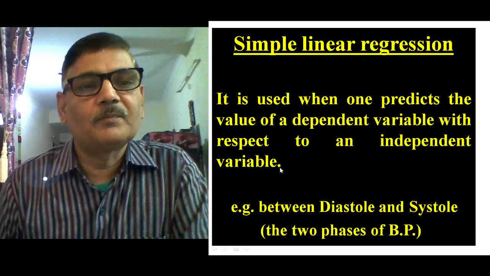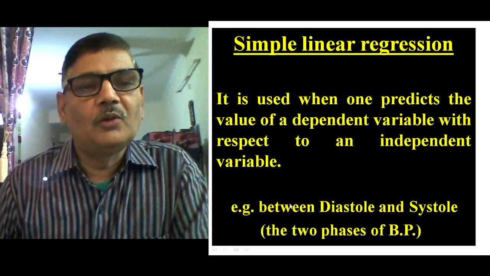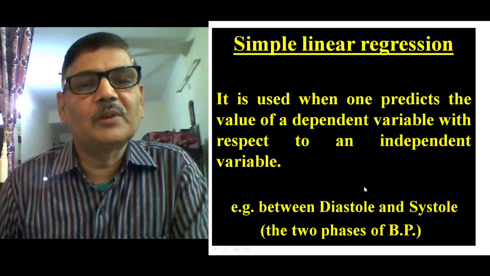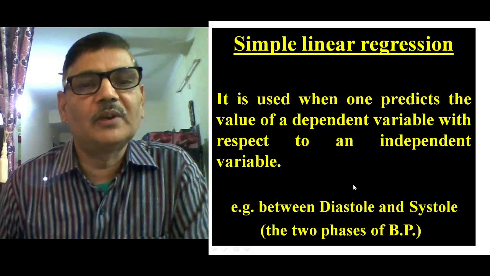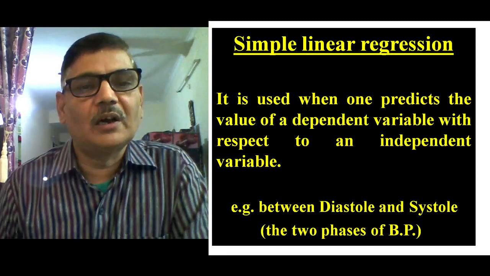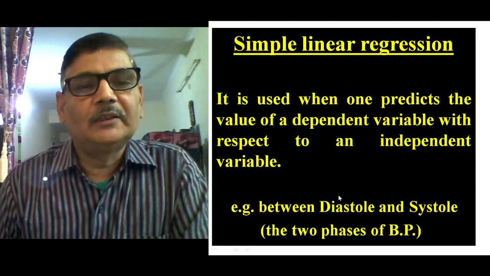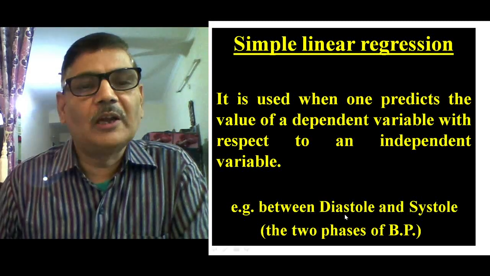independent variable. See, for example, when we measure the blood pressure, we find two aspects, one diastole and the other systole. So if we record the blood pressure of an individual during different periods of day or certain time periods, then we are able to have the values of diastole and systole.